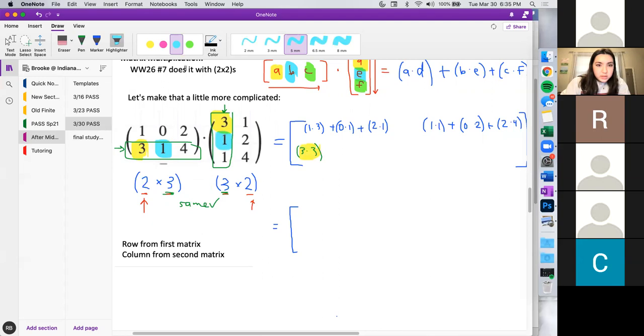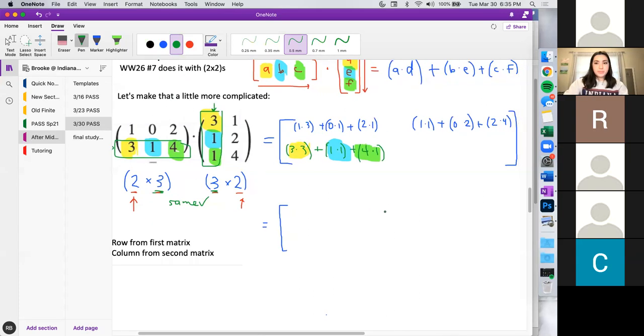Next is taking 1 times 1. And that's this portion. And then our last portion is taking 4 times 1. And that is that entry of the product. Okay, what row and what column do I need for this one?